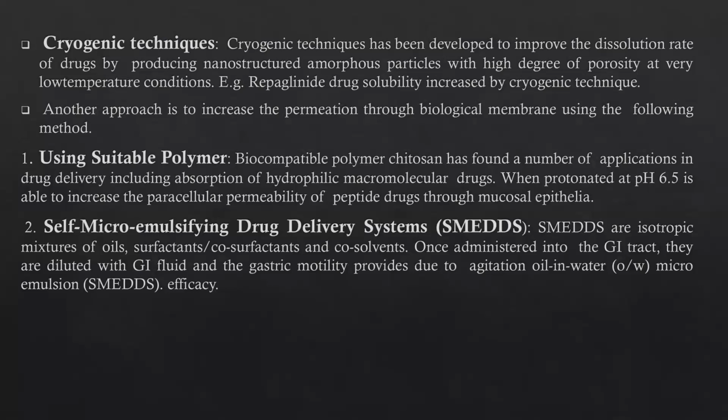The biocompatible polymer chitosan has found a number of applications in drug delivery, including absorption of hydrophilic macromolecular drugs. When protonated at pH 6.5, it increases the paracellular permeability of the peptide drug through the mucosal epithelium.